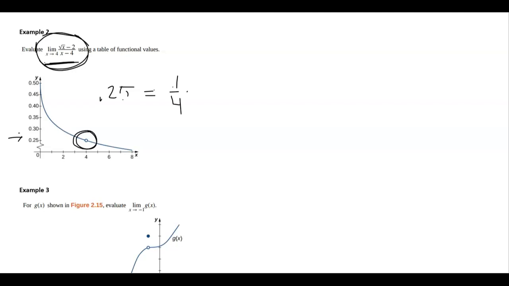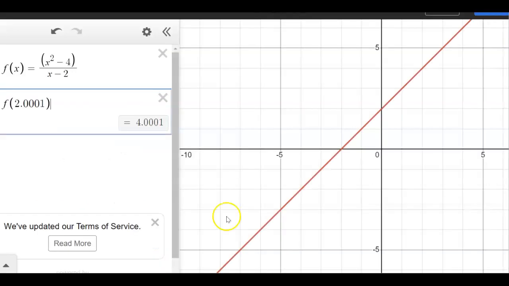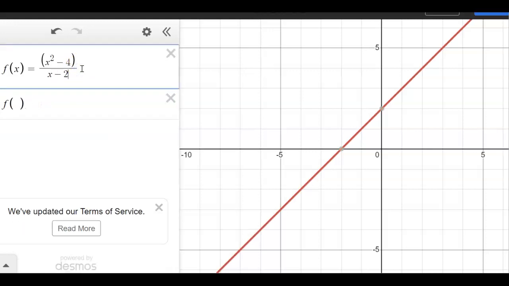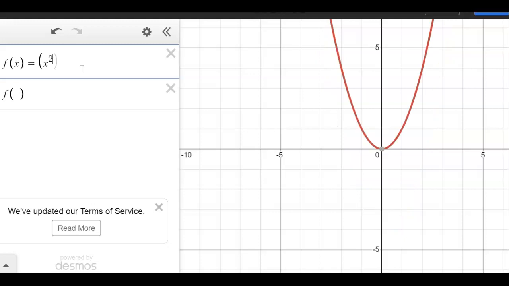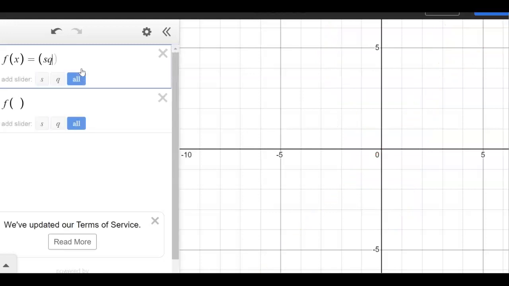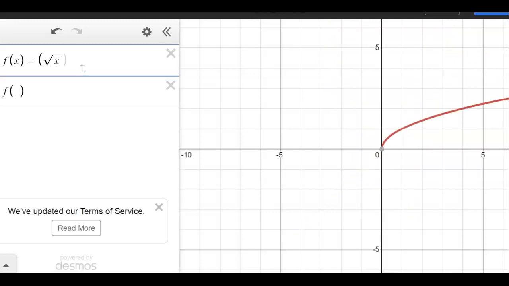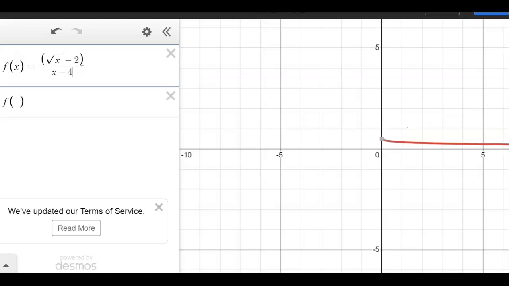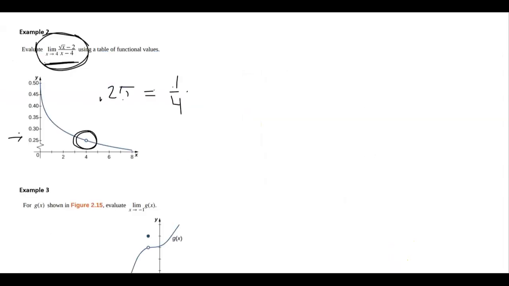Let's look at a table of values to see why that's going to be true. So in this case, I have the square root of x minus 2 over x minus 4. Let me double check that. Yes.